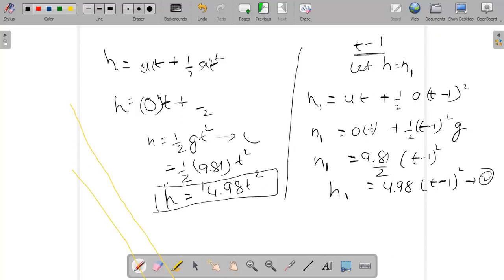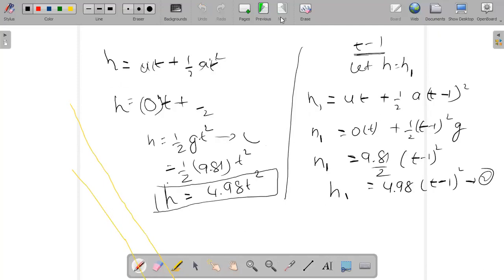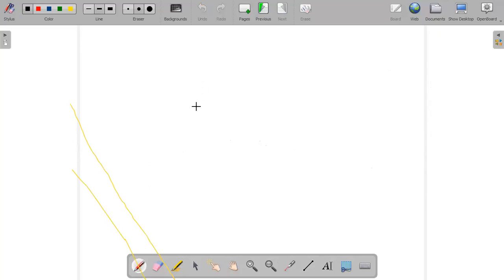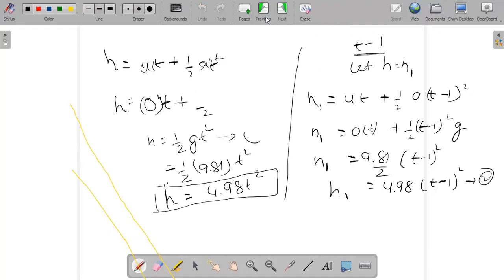This is the second equation. Now if you go and see in the previous page, h minus h dash is equal to the distance traveled in the last second, which has been given in the question.